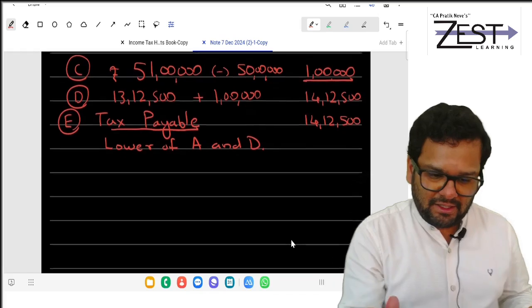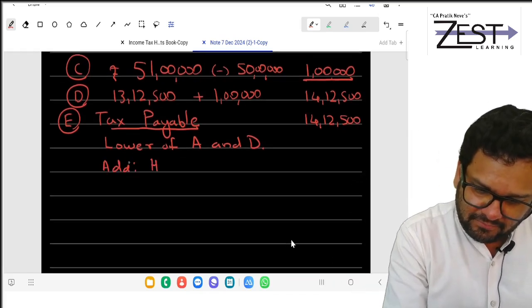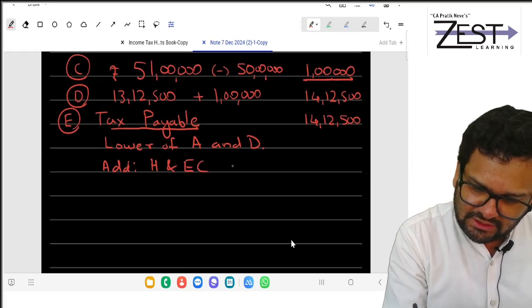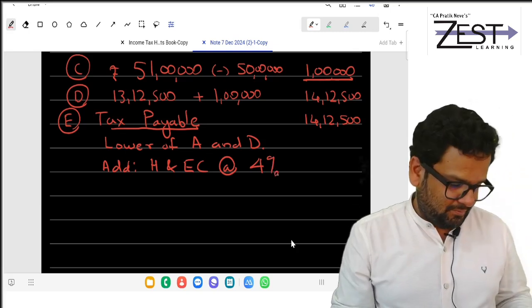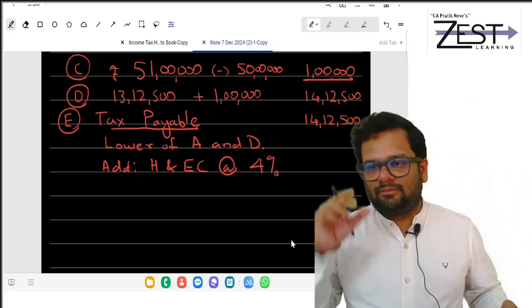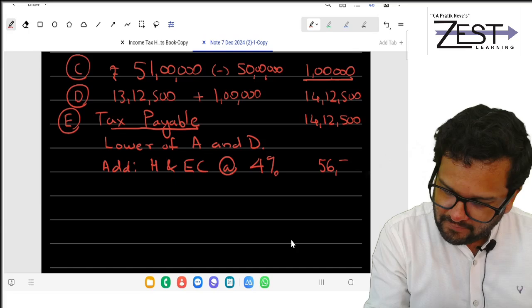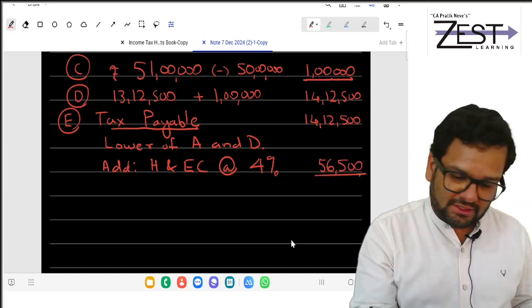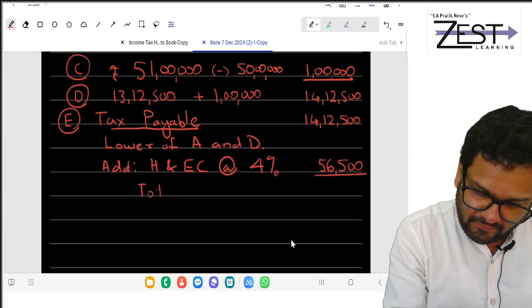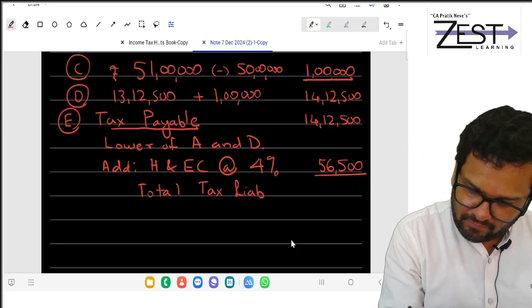Add health and education cess at 4%. What is that? 56,500. So what is the final tax payable, including health and education cess? How much?